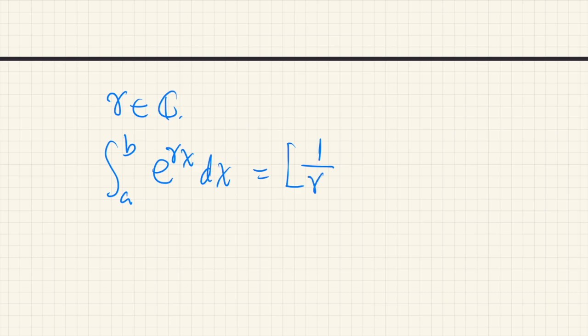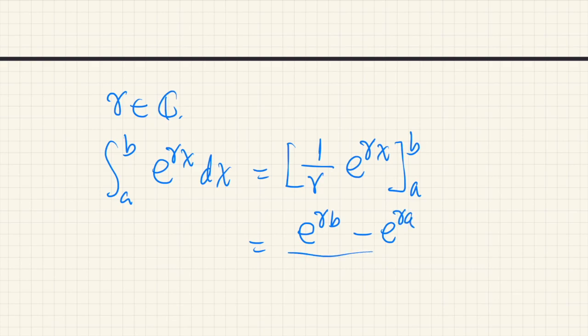So 1 over gamma exponential of gamma x from a to b, and that is exponential of gamma b minus exponential of gamma a over gamma. So this is the result of the definite integral.